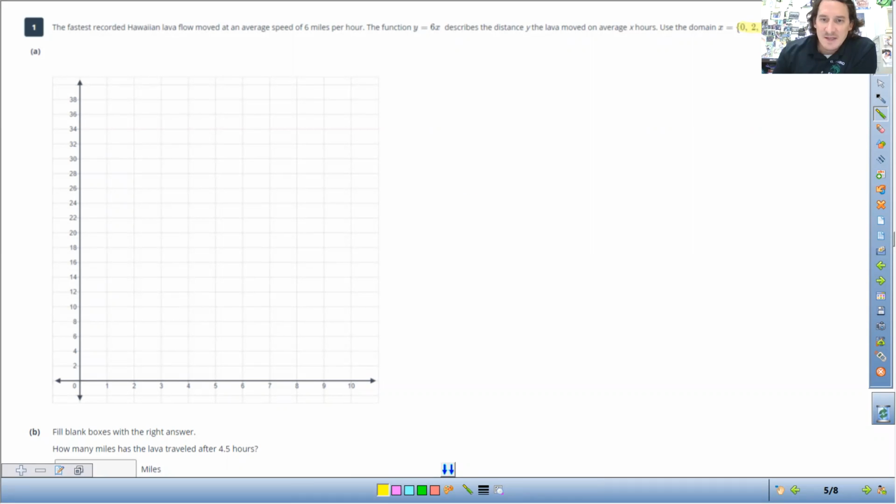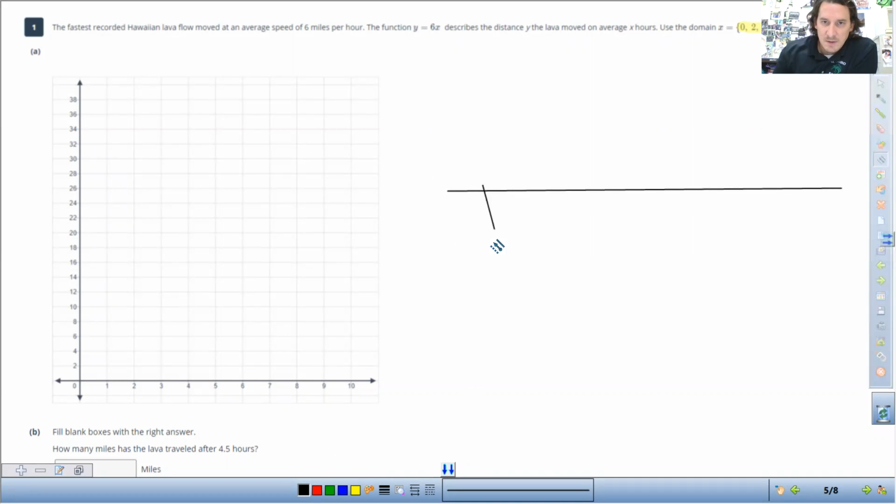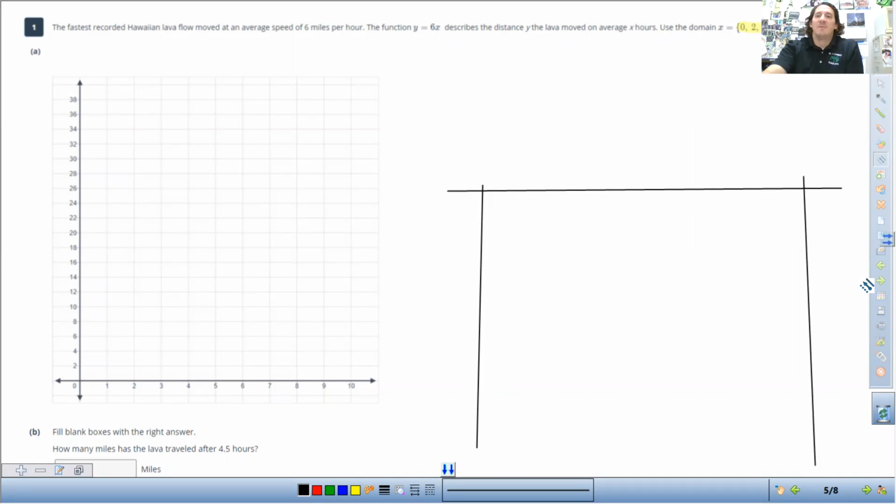So just like the last lesson, I'm going to have a table of values. I'm going to make it 3 columns. In the first column, that's going to be our domain, the x values or the inputs, whatever you prefer to call them.